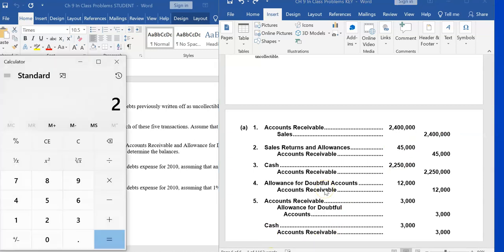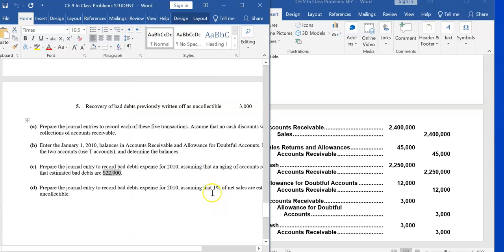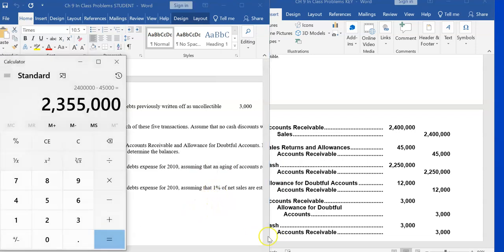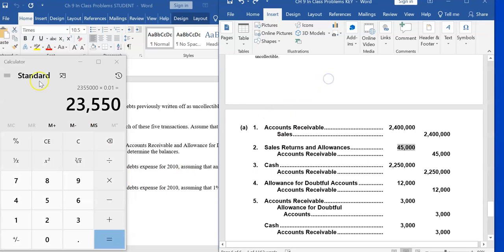So $2,400,000 minus our sales returns and allowances of $45,000. Net sales are $2,355,000. If 1% of those are estimated to be uncollectible, we are estimating bad debt expense for the year to be $23,550.